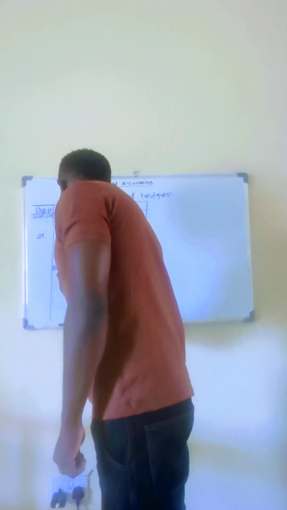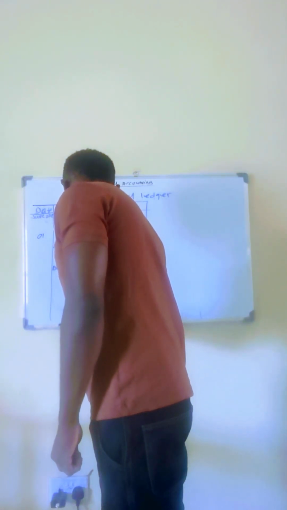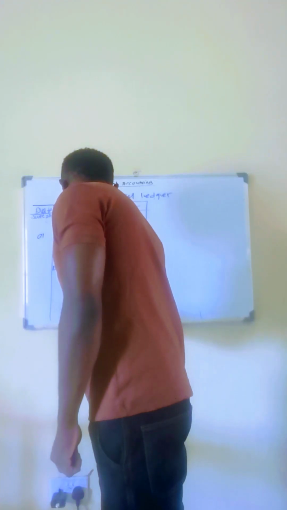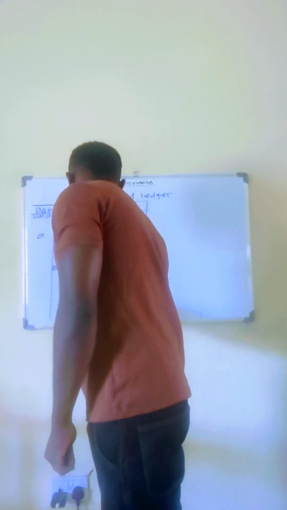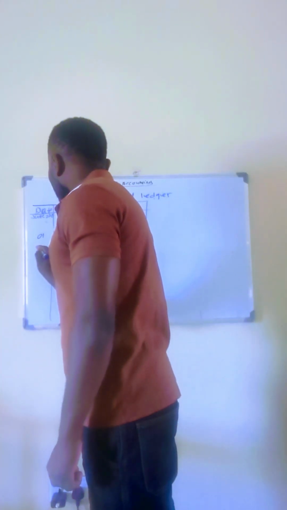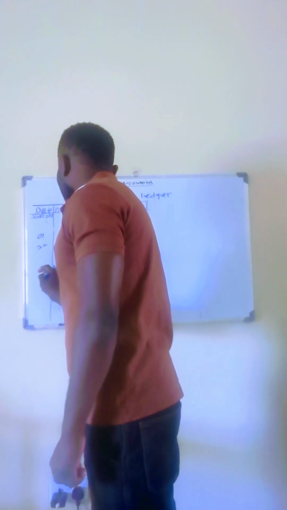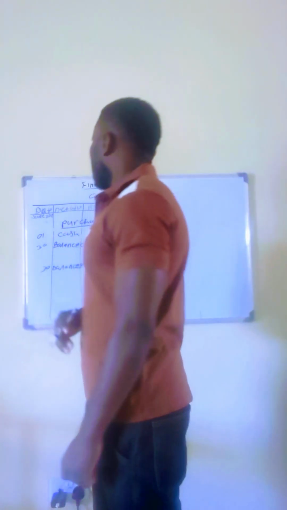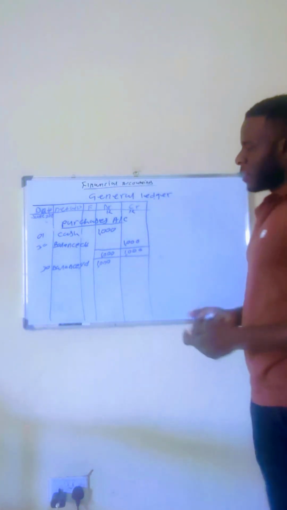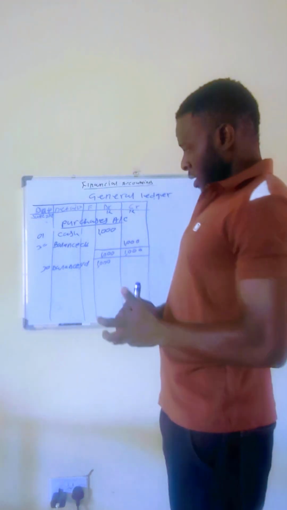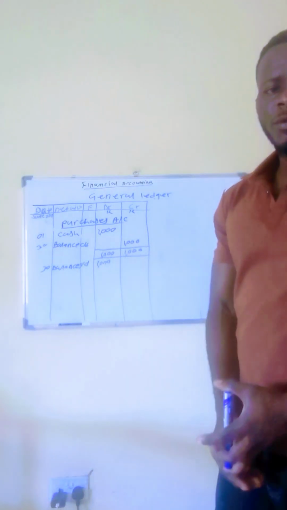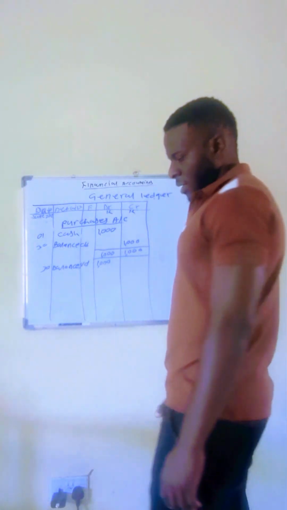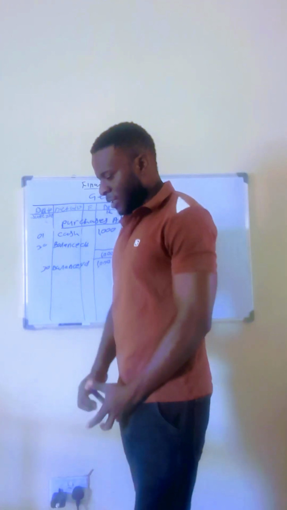I explained this in the previous tutorial. The balance carried down probably happened on the 30th of this month, let's assume this was the end of an accounting period. So the balance of that account just came there. It's as simple as this.